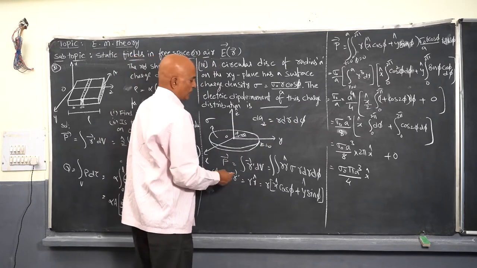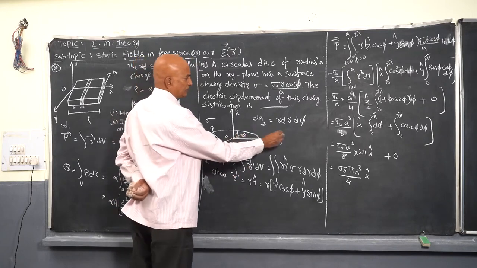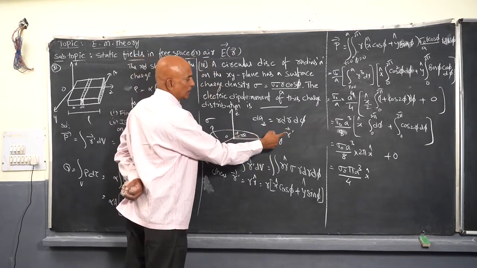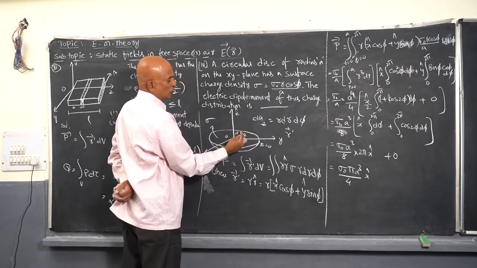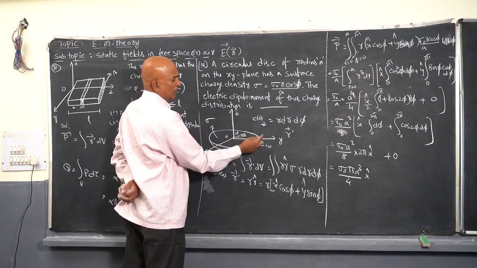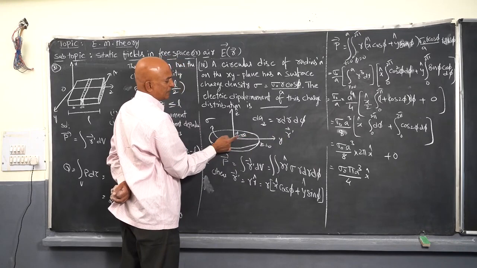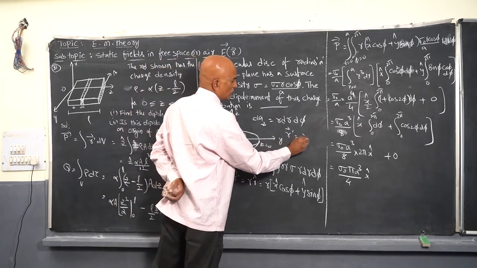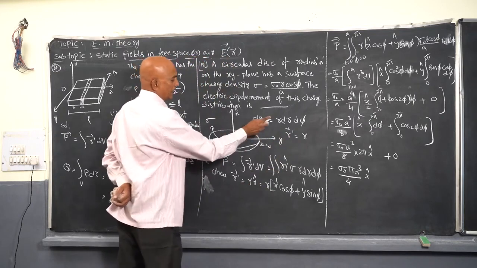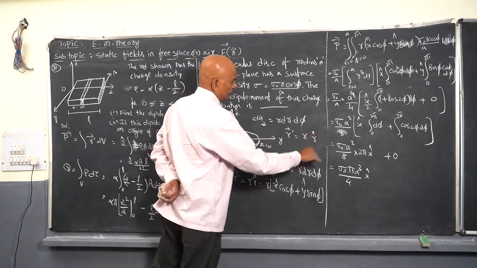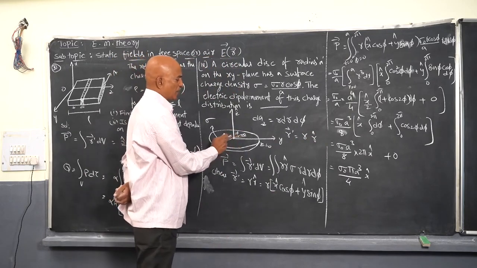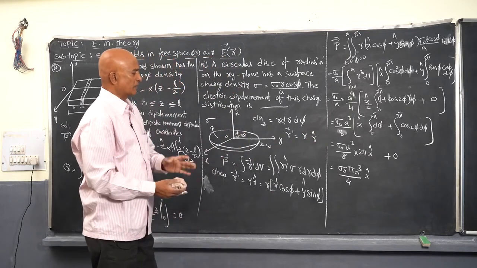So what is r prime vector here? I told you, r prime vector represents the source. So this is the charge element you have taken, and r prime vector represents its position. This is at a distance r, therefore r prime is equal to r into r cap, where r cap is the vector away from the axis.